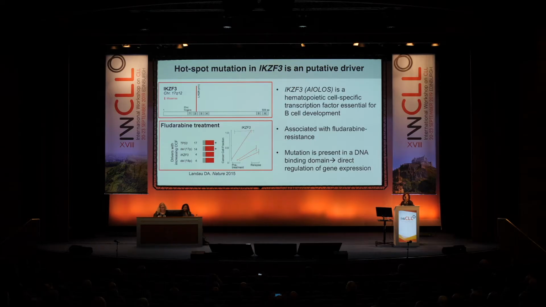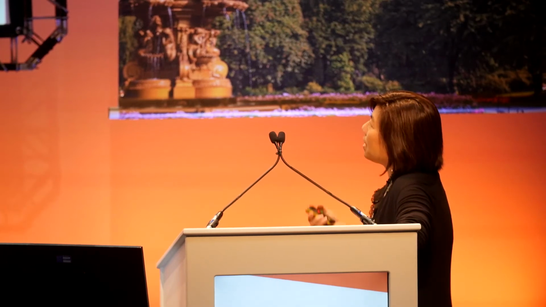Having gone on that path and seen what we could learn from this mouse model, we started to think that maybe we should model some other mutations. We were drawn to IKZF3 because, as Gadi mentioned, we discovered new drivers. This is one of the drivers that we identified in our cohort of 538 samples.